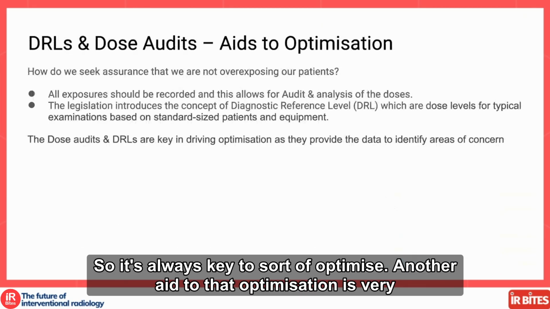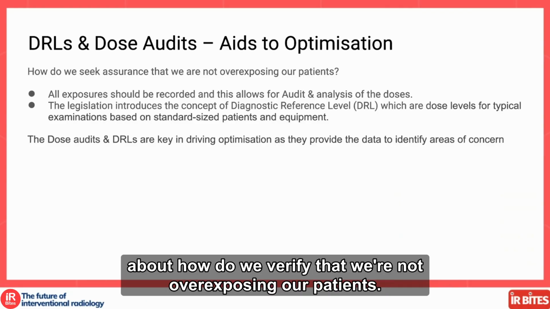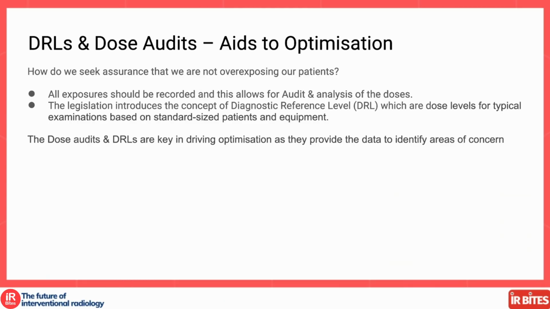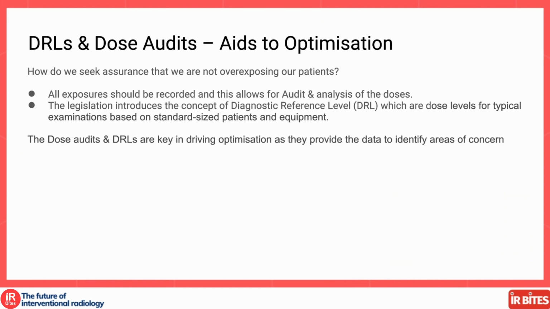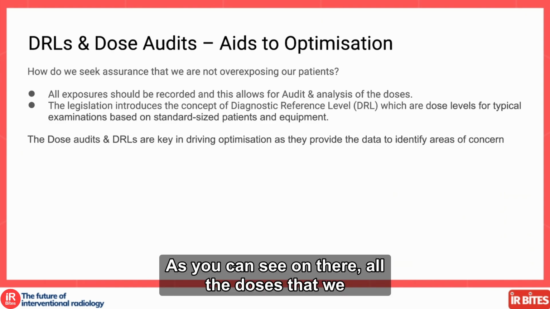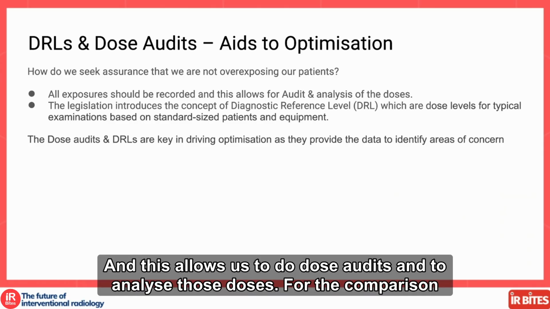Another aid to that optimization is the quality assurance side of things, and that is very much about how do we verify that we're not overexposing our patients. So we get a dose at the end of a procedure. How do we know that that's an acceptable dose? As you can see on there, all the doses that we deliver from each procedure are supposed to be recorded, and this allows us to do dose audits and to analyse those doses.